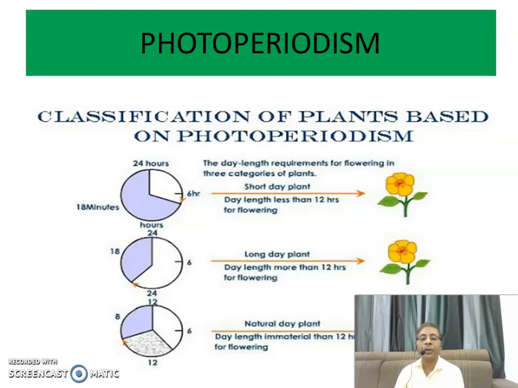And day neutral plants are those for which the day length is immaterial to 12 hours for flowering. It's called a day neutral plant. So, these are the day length requirements for flowering in three categories of plants.